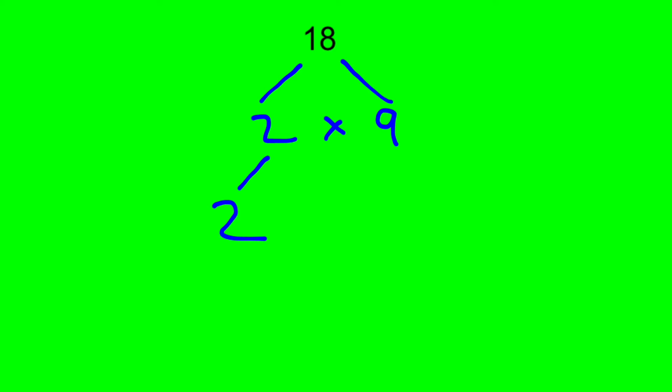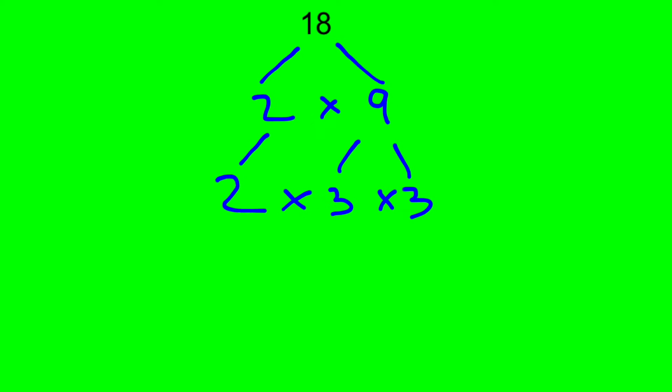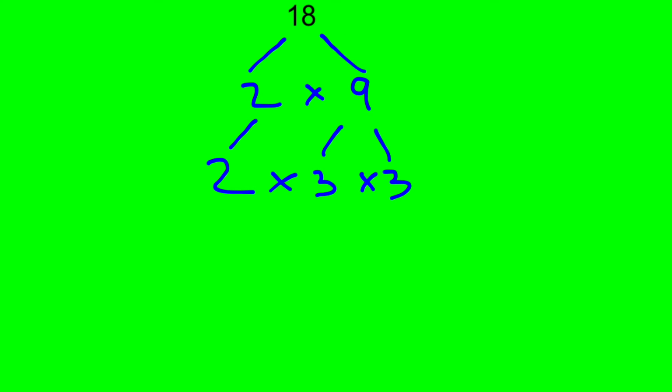We can't use 1 times 9, though, so the only pair left is 3 times 3. Now, this bottom row on our factor tree is all prime numbers. 2 is a prime number, and 3 is a prime number. We can use that to find all the factors of 18.